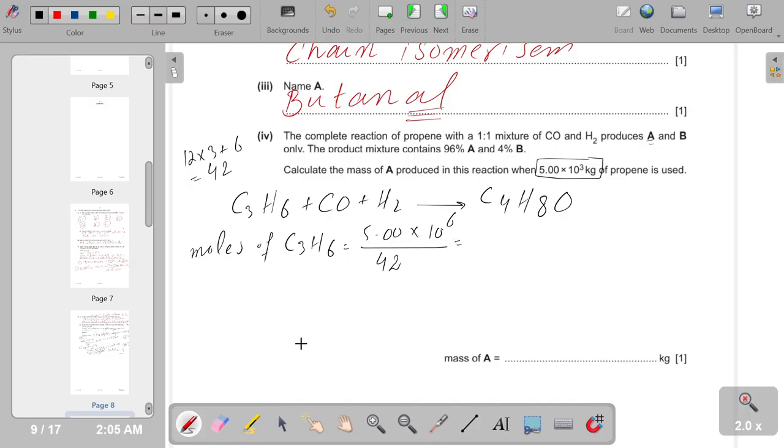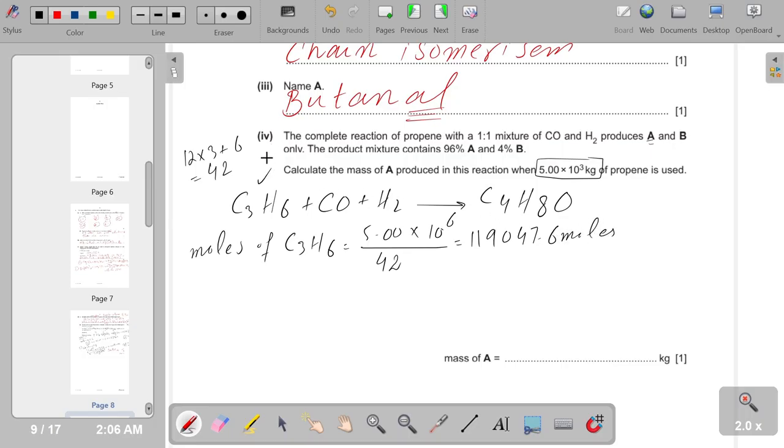Let me find it. It is 5 × 10^6 divided by 42. So the answer is 119047.6 moles.